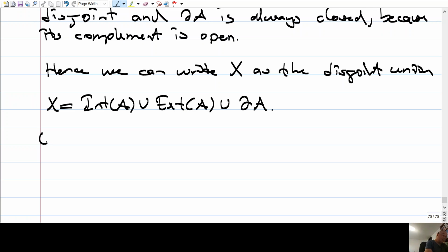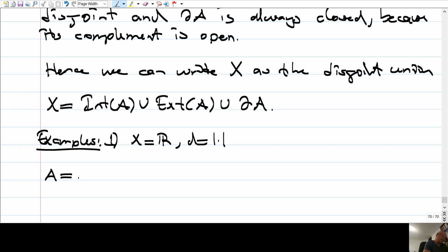Okay, let's see some examples. For example, let's consider R with the absolute value metric. Let's consider this set A to be the interval from 0 to 1, so it's open at 0 and closed at 1.